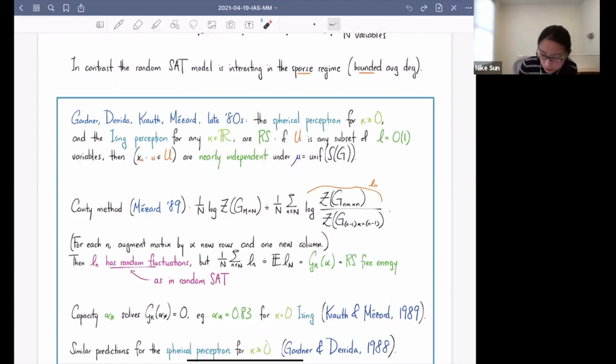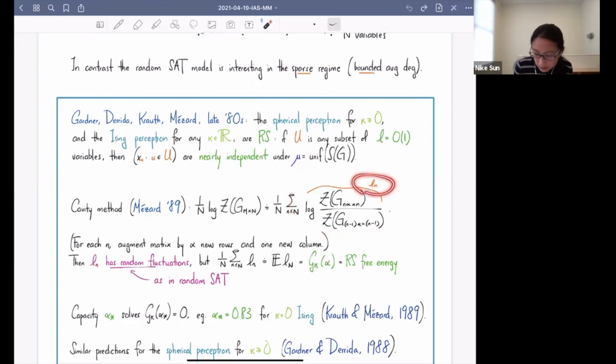The main analogy with random k-sat that I want to make is that the change in the system when you add a row and new columns will be random. It will depend on the entries in the rows and columns that you add, and it doesn't concentrate around a fixed value.